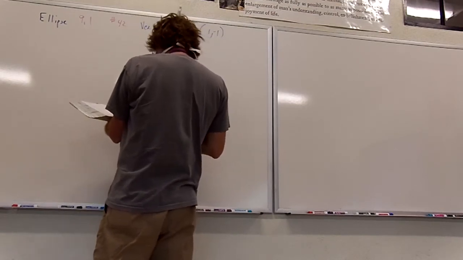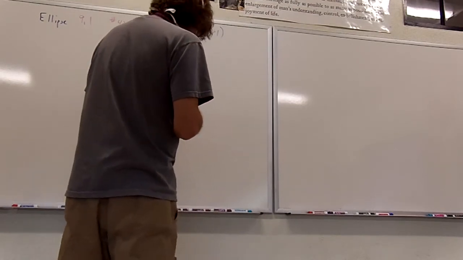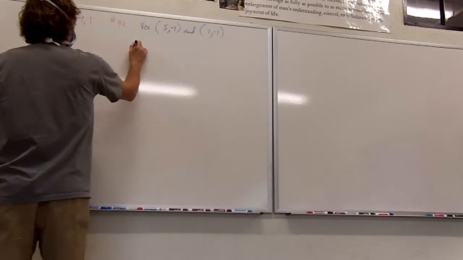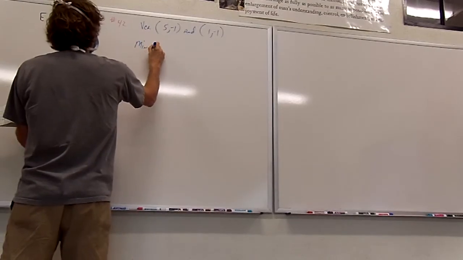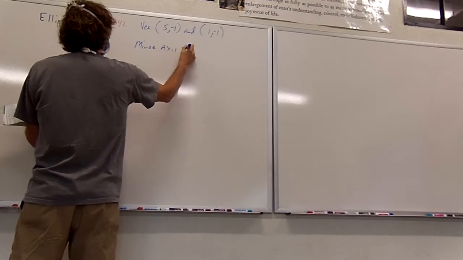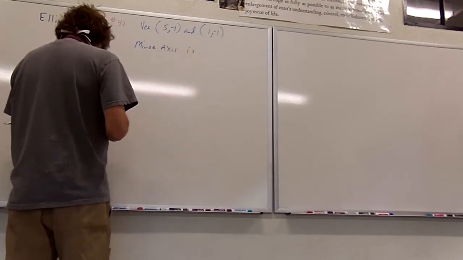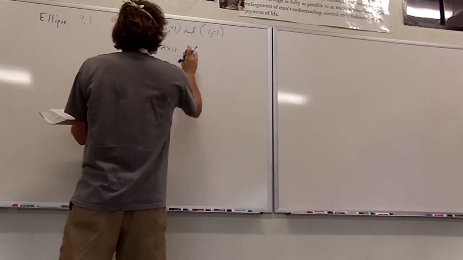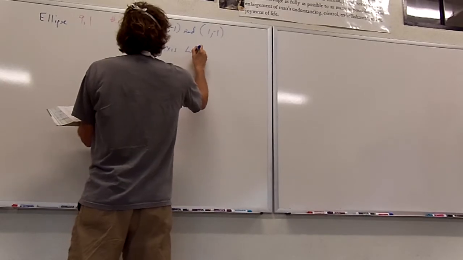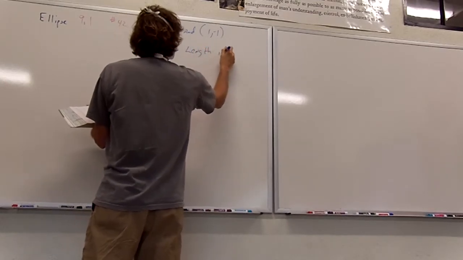And it tells you the minor axis length is 2.